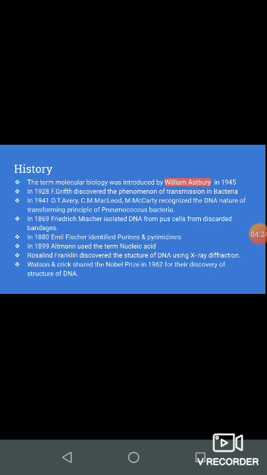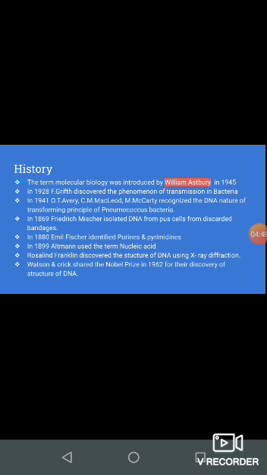Randomly he selected some mice. In the first attempt, he injected the S strain into a mouse and observed it. That mouse died because of pneumonia symptoms.